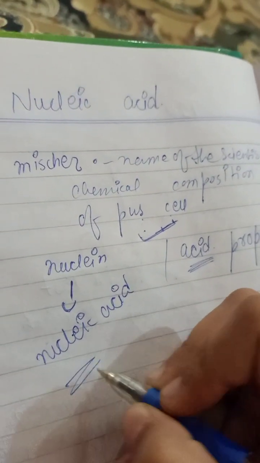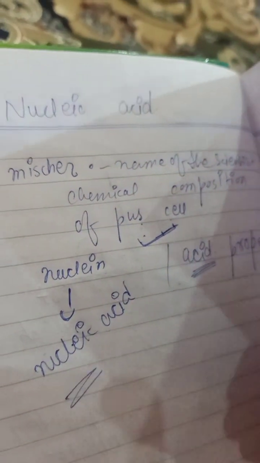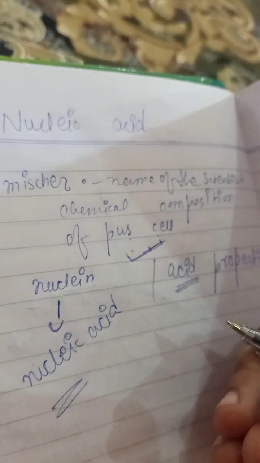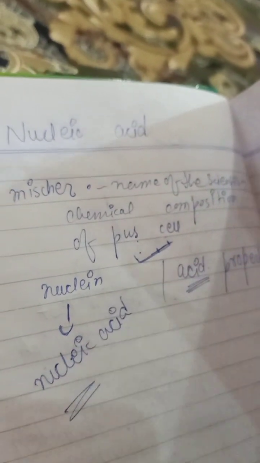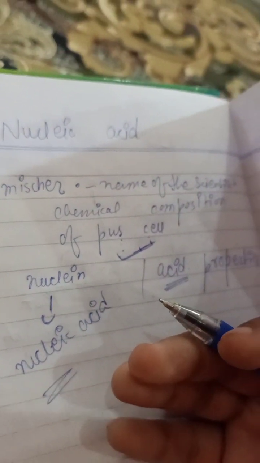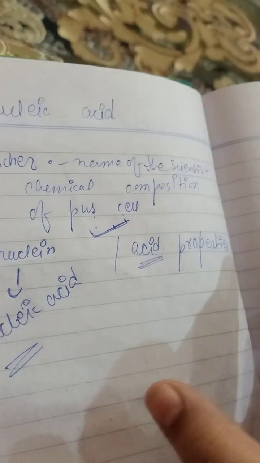Okay, so the pus cells are basically white blood cells. And they are not a protein, lipid or carbohydrate, they are basically a biomolecule, and he renamed it as a nuclein.